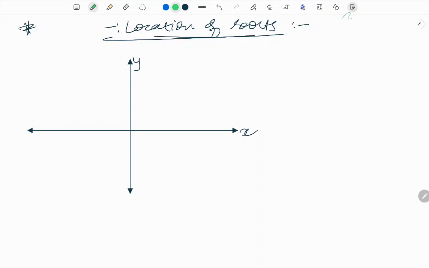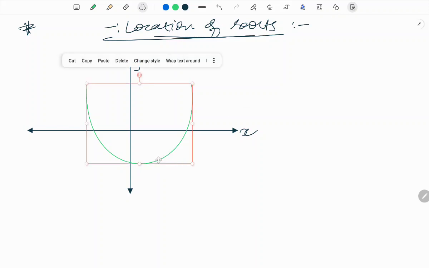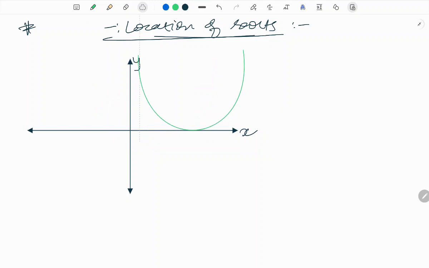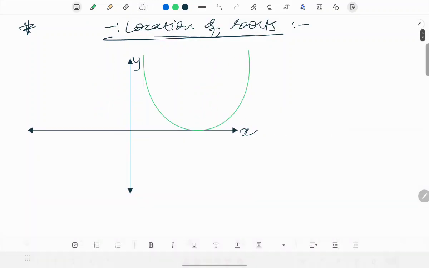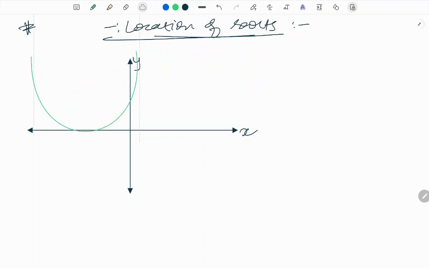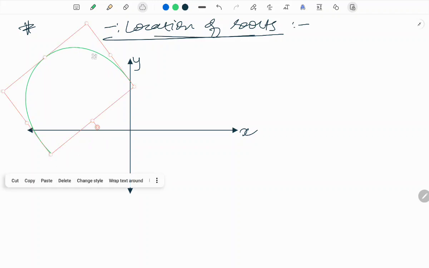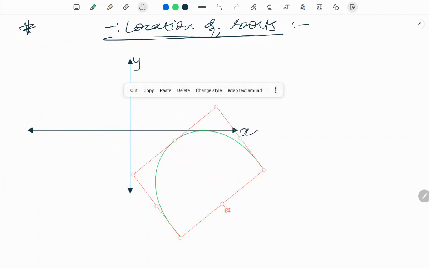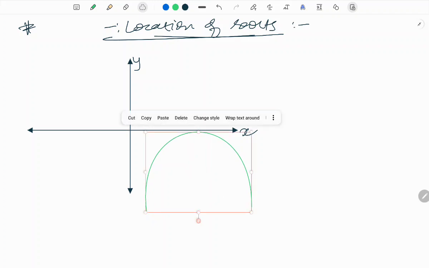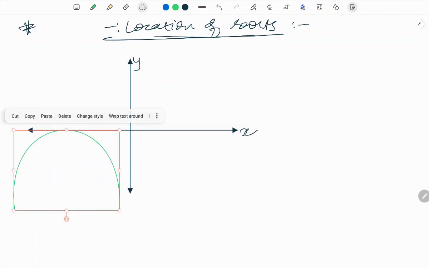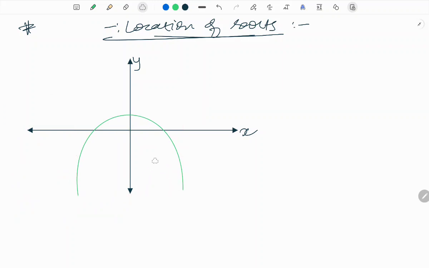And now if I draw a quadratic equation on a graph, the location of roots shows whether this graph lies on this side of the coordinate axis, or it lies on this side, or it is inverted like this, downward facing over here, or it lies somewhere over here.